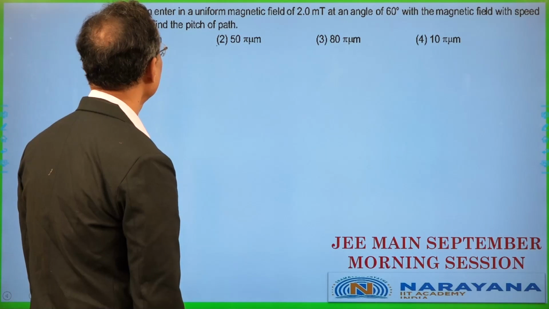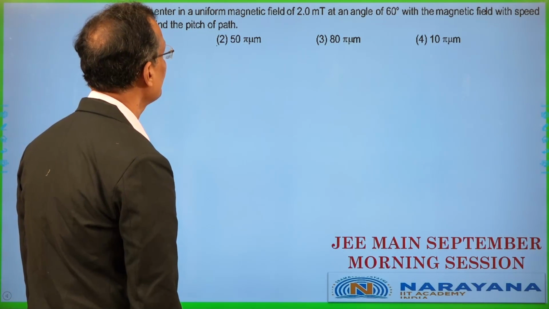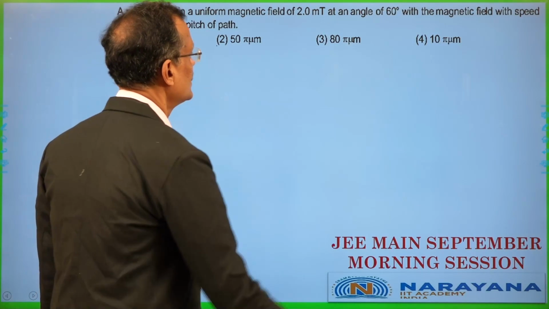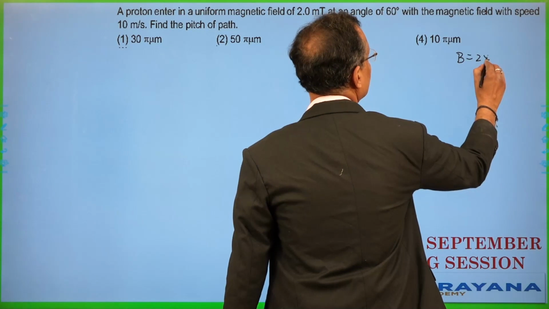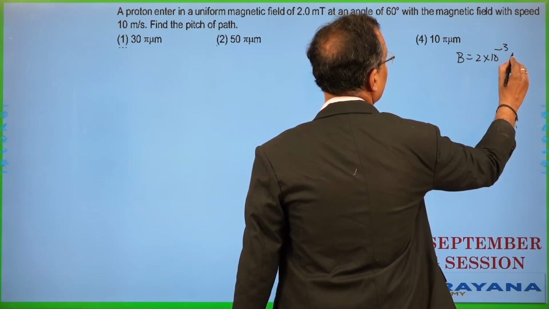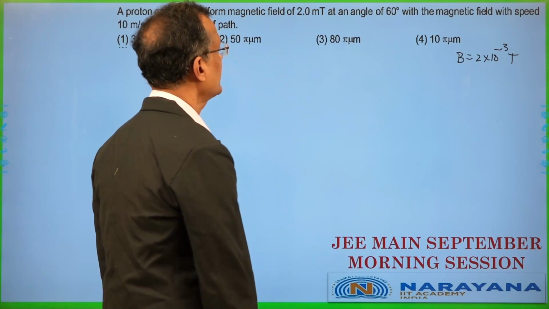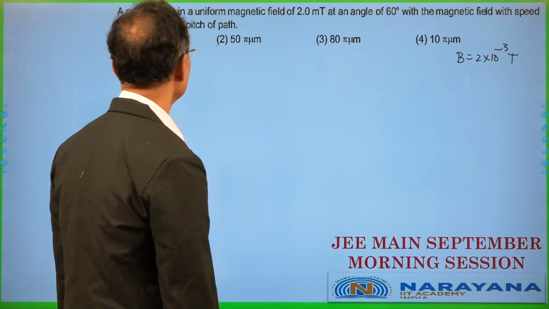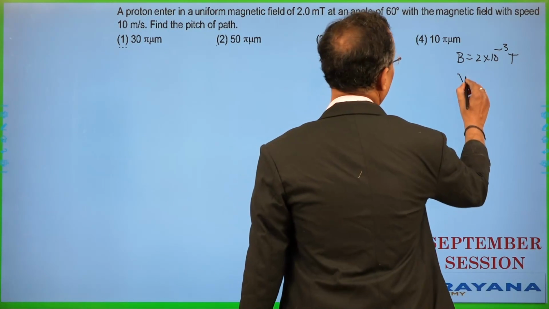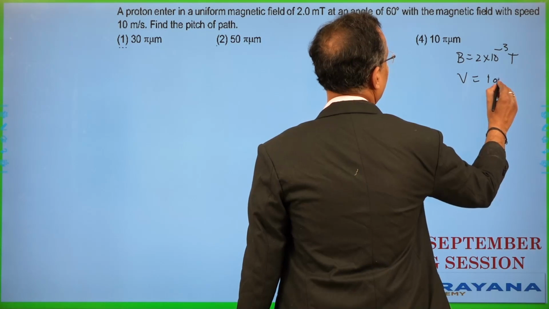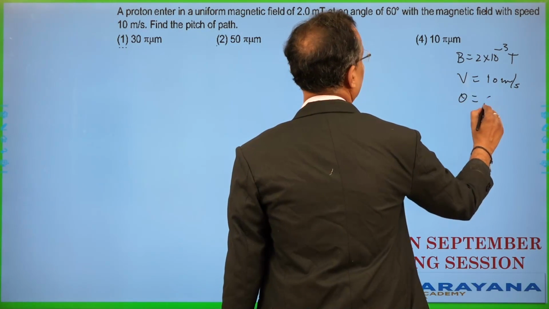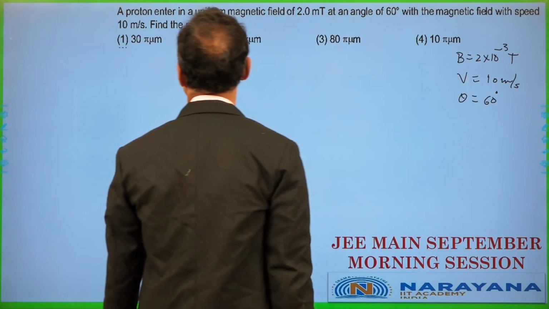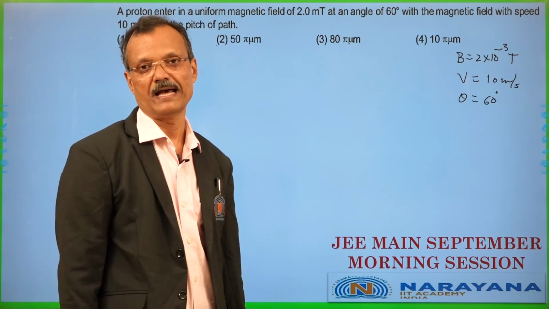A proton enters a uniform magnetic field of 2 millitesla. So let us write first B. They have given you 2 millitesla. At an angle of 60 degree with the magnetic field, V is 10 meter per second, theta 60 degree, find the pitch of the path.